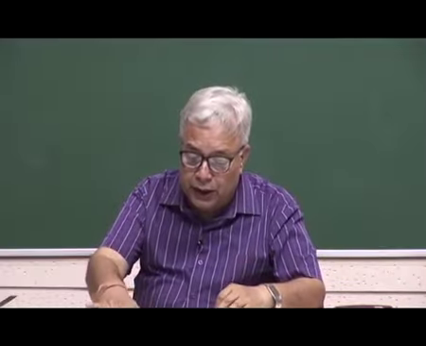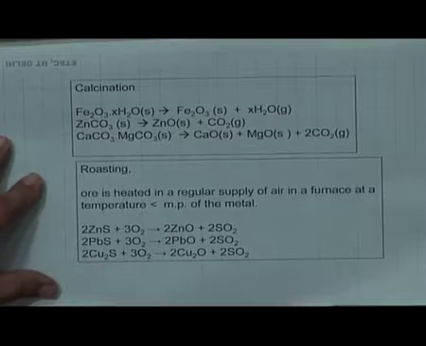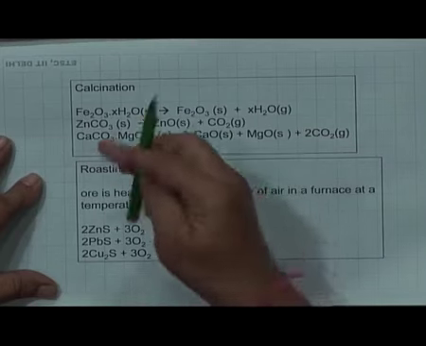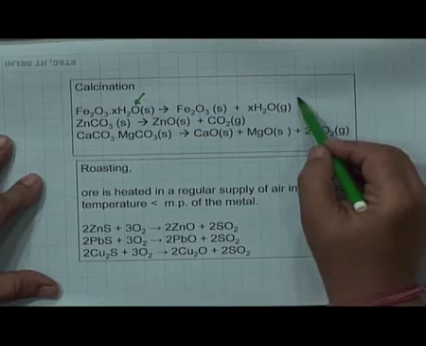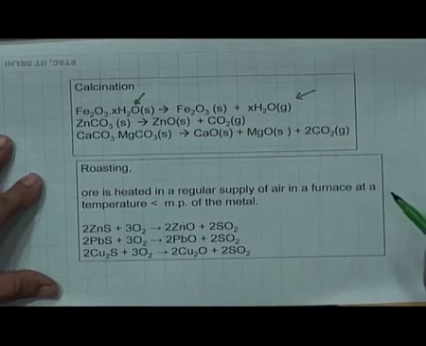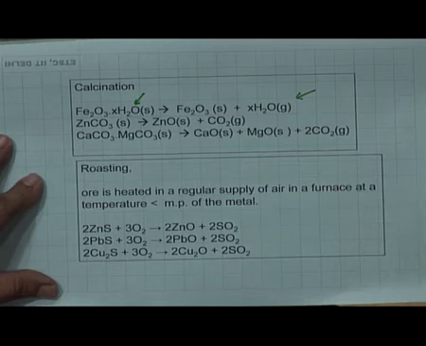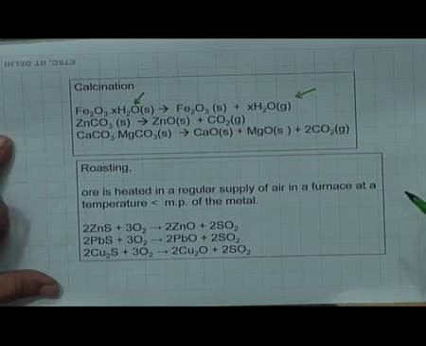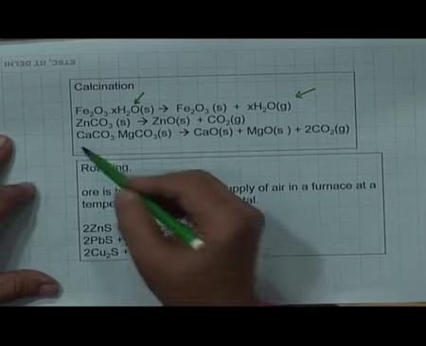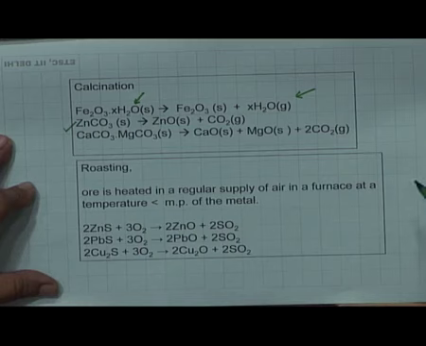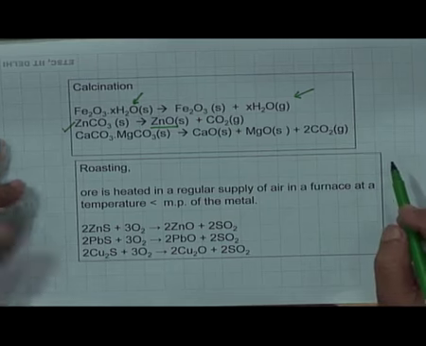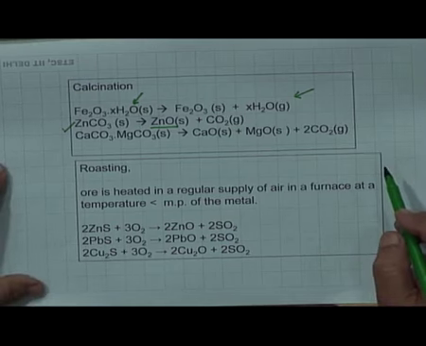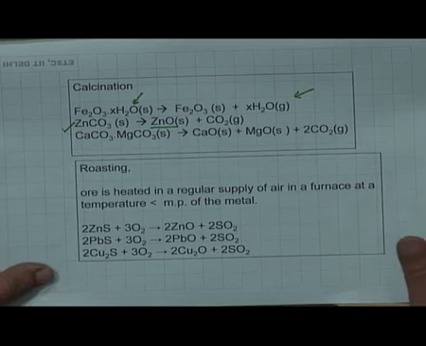What happens in the calcination process? If water is present or the ore is in the form of hydrate, the water is removed in the form of steam, or you may call it gas, and the ore becomes free from hydrate. If the ore is in the form of carbonate, then oxide is formed and part of the ore is converted into carbon dioxide, which is again a gas.